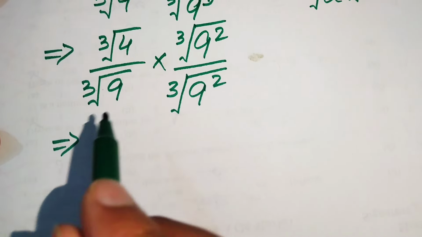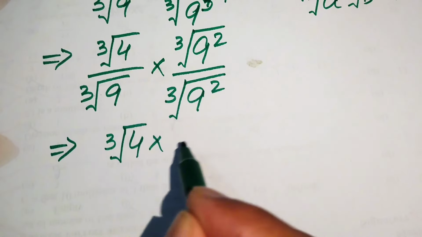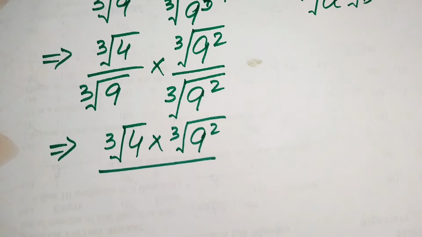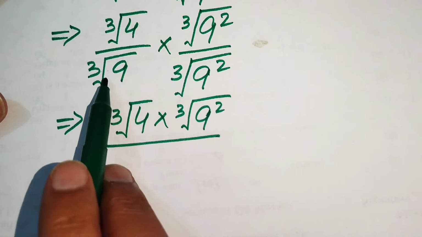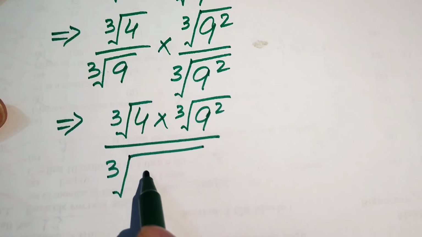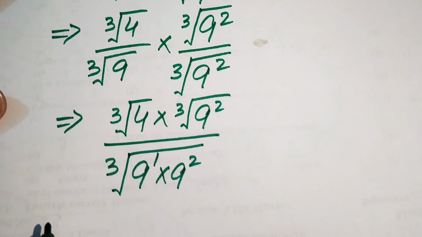We write our expression as the cube root of 4 multiplied by 9 squared, divided by the cube root of the denominator terms, 9 to the power of 1 multiplied by 9 squared.